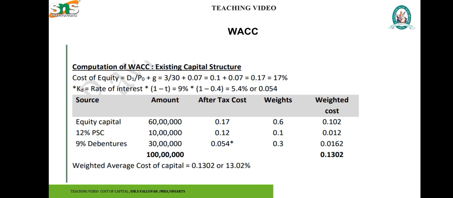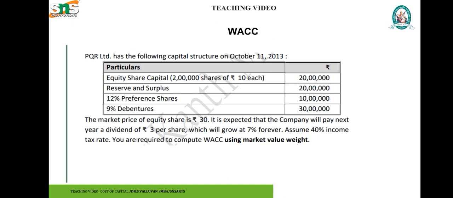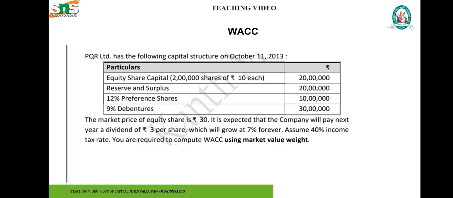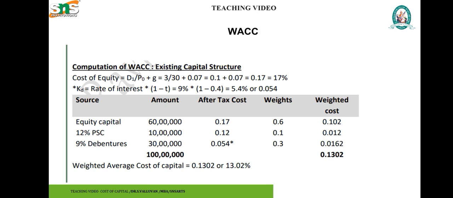Cost of equity is D1 divided by P0 plus g. The company will pay next year a dividend of rupees 3 per share, so dividend D1 is the numerator. So 3 by 30, the current market price of equity share is 30. So 3 divided by 30 plus g, growth.